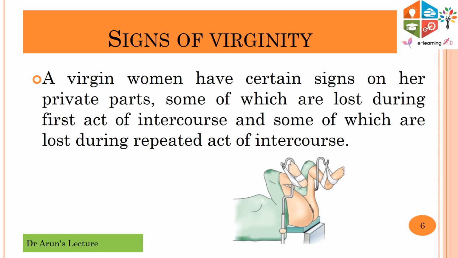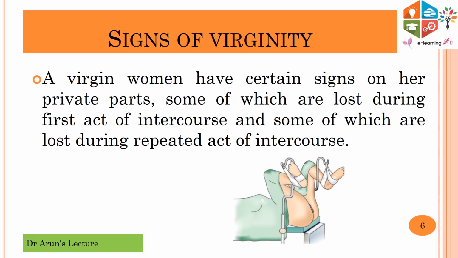Signs of virginity. A virgin woman has certain signs on her private parts, some of which are lost during the first act of sexual intercourse, and some of which are lost on repeated acts of intercourse. While examining a woman to give an opinion regarding her virginity, the ideal position is the lithotomy position.